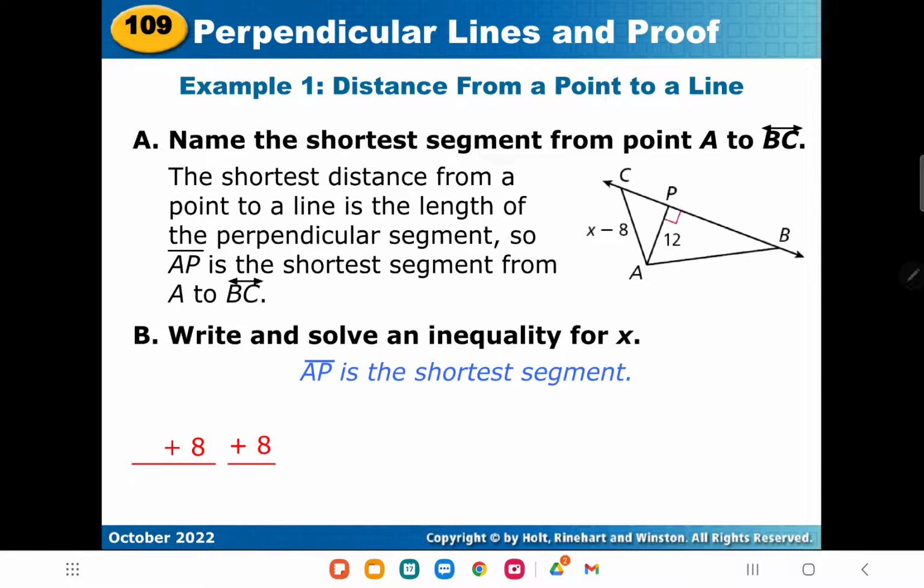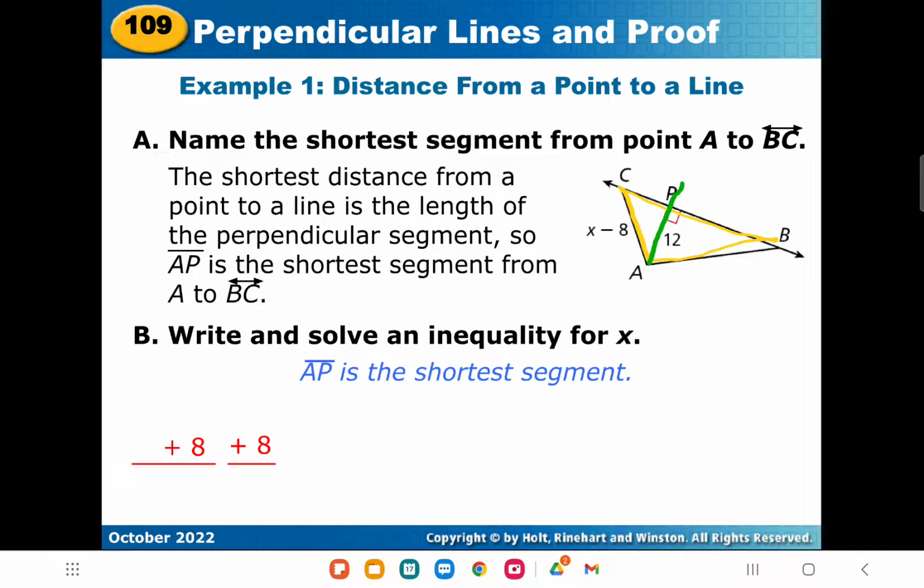So here we have this diagram. Triangle ABC is shown here. We're looking for the shortest segment from point A to BC. Well, to do that, we would construct a perpendicular. We can see that this segment AP must be the shortest segment because it is making the perpendicular to line BC.